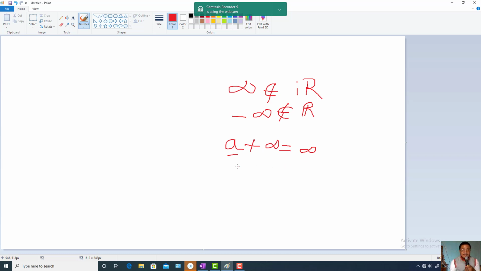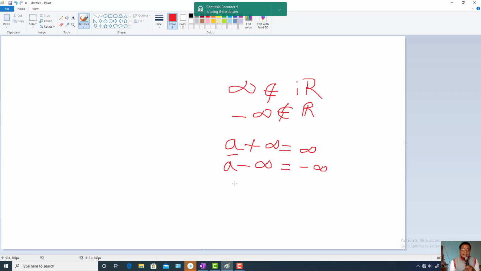Then a plus negative infinity is always negative infinity. This a may be plus 1 billion, 10 billion, 1 trillion, any big real number. But still, if you add negative infinity, the result is minus infinity.